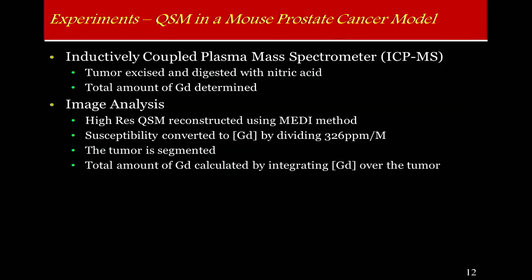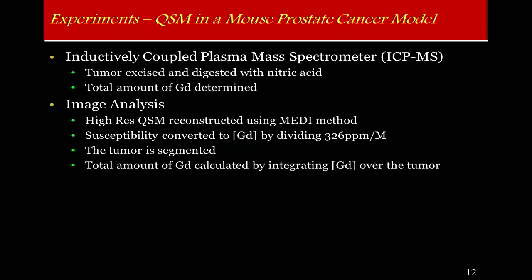After MRI, we surgically excise the tumor, digest it with nitric acid, and send it to an inductively coupled plasma mass spectrometer to quantify the total amount of gadolinium in the tumor using a method that's independent of MRI. On the QSM image, we also try to quantify the total amount of gadolinium.